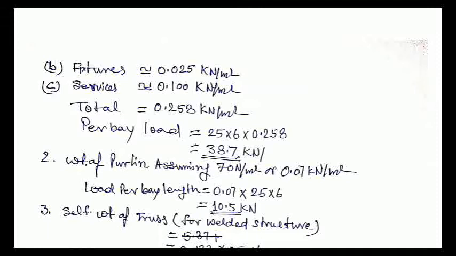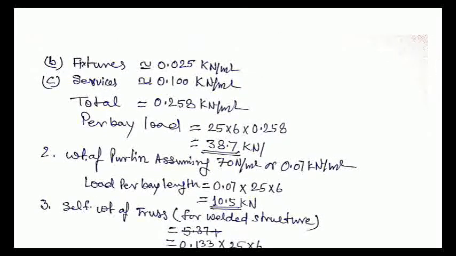So these are services load, and services load of the AC pipe, cooling duct, and many other things. So the load of services is assumed to be 0.100 kilonewton per square meter. So total comes out to be 0.258 kilonewton per square meter.